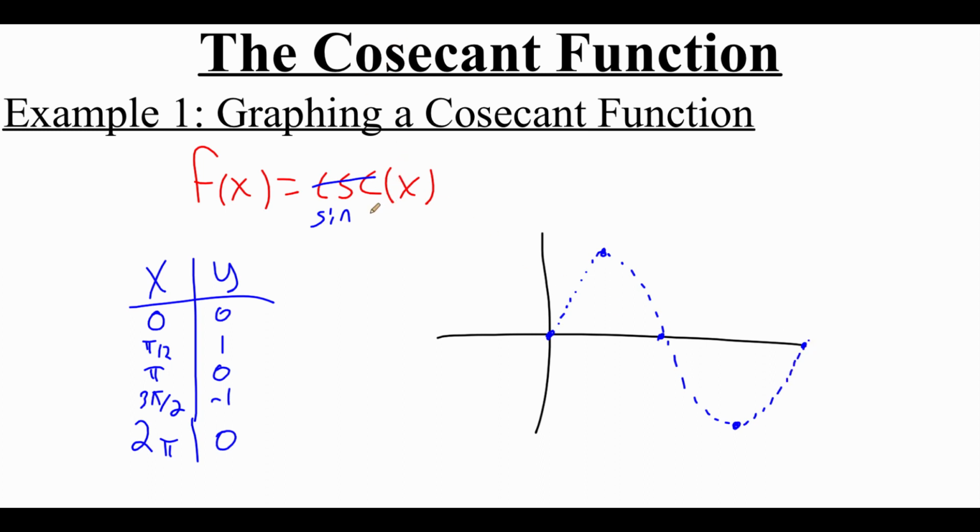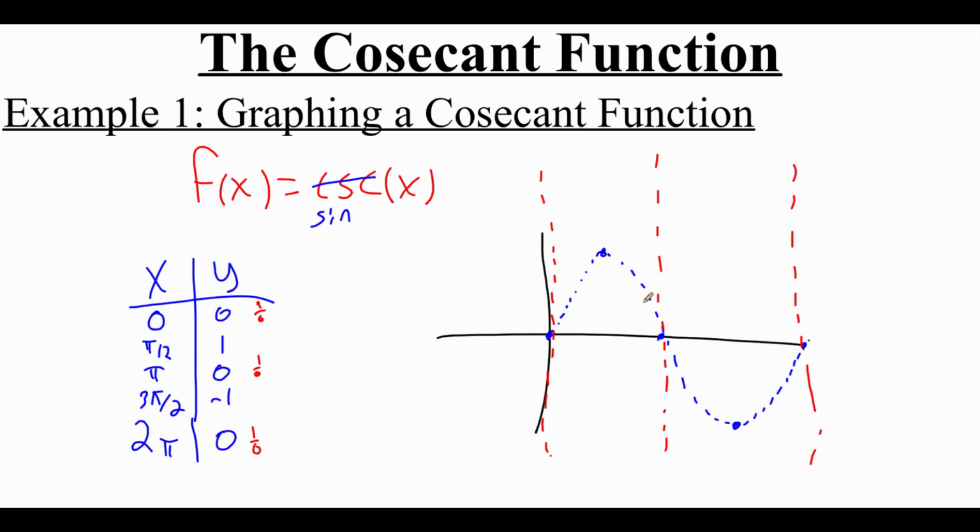So what we have to remember is that the cosecant is the reciprocal of the sine, meaning that these y values are going to be flipped over. So where we have y values of 0, if we do the reciprocal of those, we'd really get 1 over 0. So that ends up being an undefined value for all of these. And when we have undefined values on our graph, those are going to show up as vertical asymptotes. So we've got a vertical asymptote at 0, at pi, and at 2 pi.